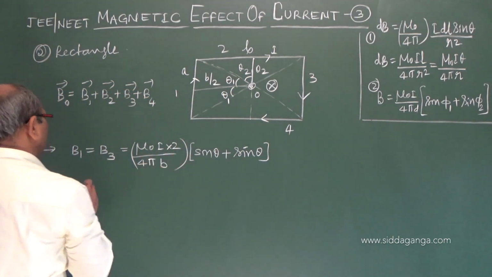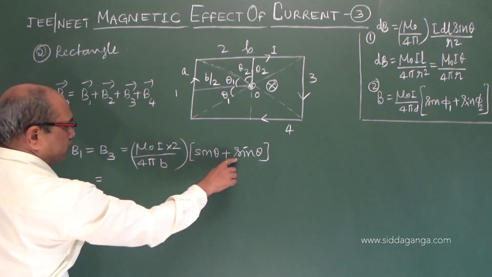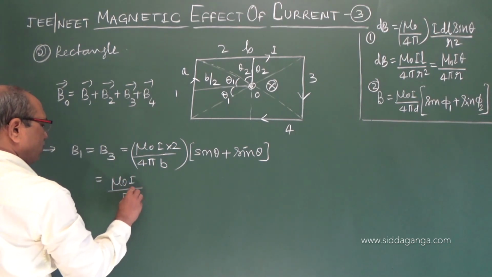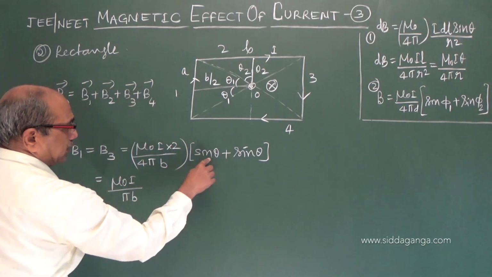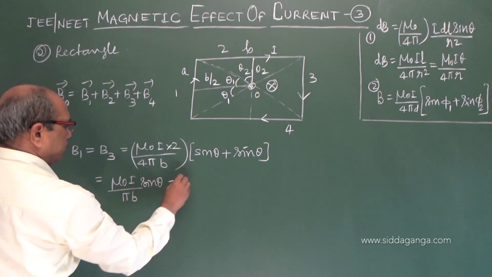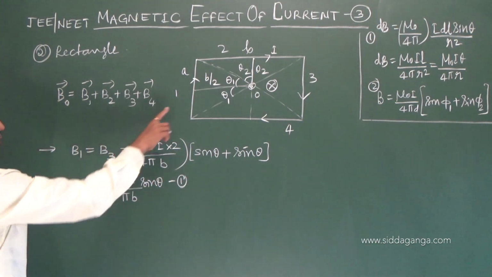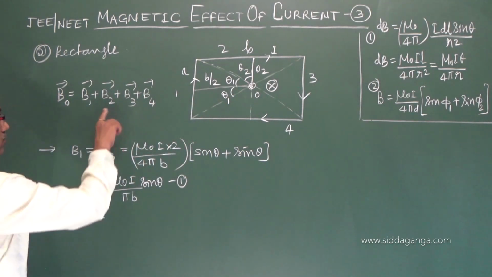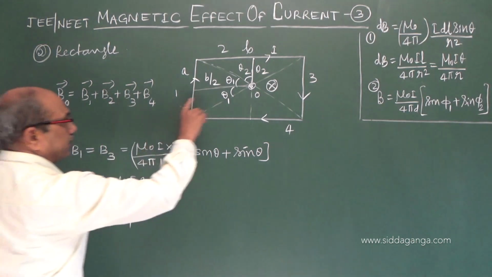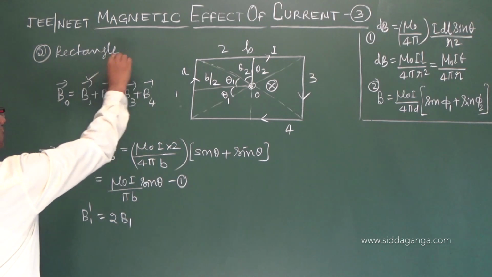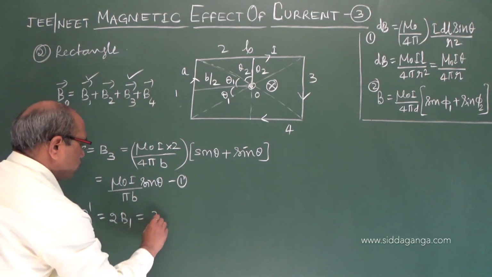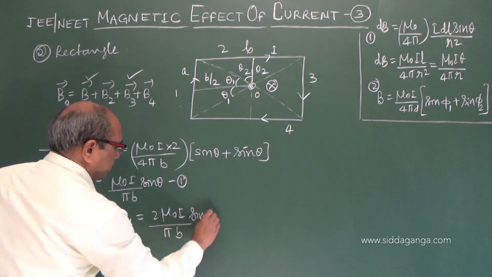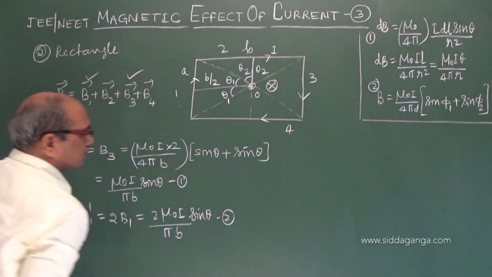So that also fuses, and I can write these two, 2 into 2, 4 cancels. Mu naught I by pi b into sin theta. I write this as equation 1. So suppose I write B1 dash as 2 B1, because adding both, B1 and B3 are similar. So 2 mu naught I divided by pi b into sin theta is equation 2.